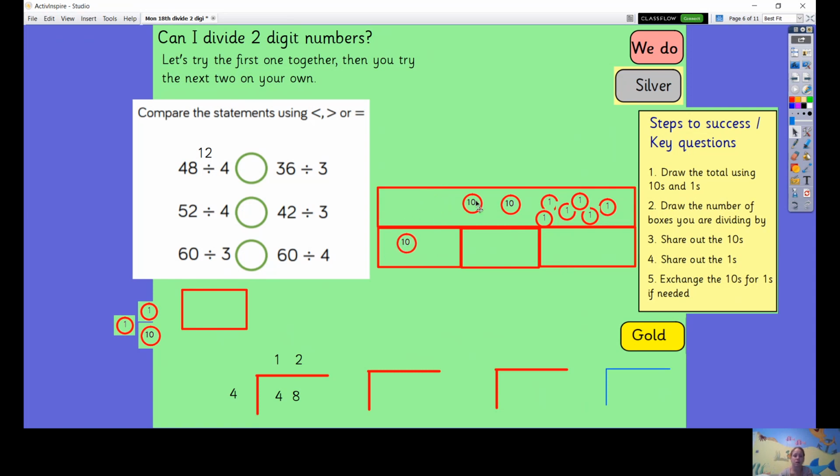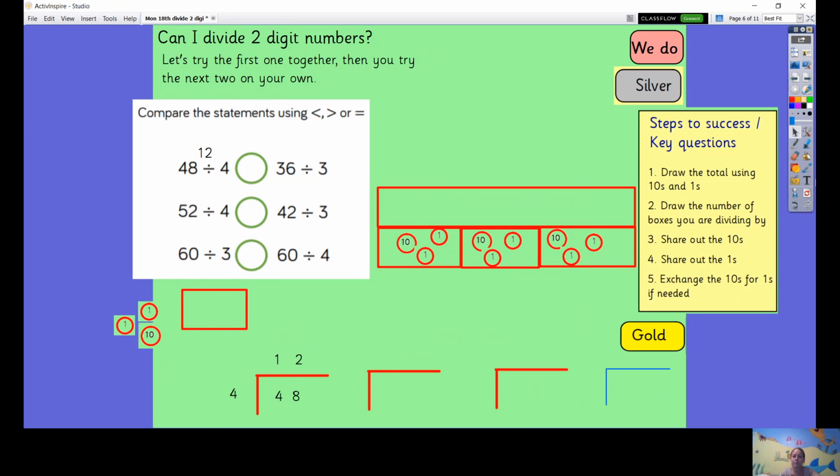So here we go. 10 in there, 10 in there, 10 in there, and I've got 1 in there, 1 in there, 1 in there, and 1 in there, and 1 in there, oops, and 1 in there. And now I can count and I can see how many are in each one, and there are 12 in each one.